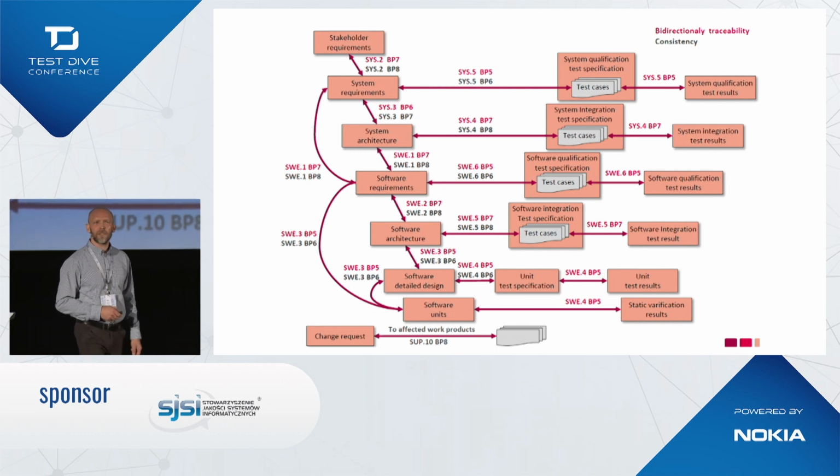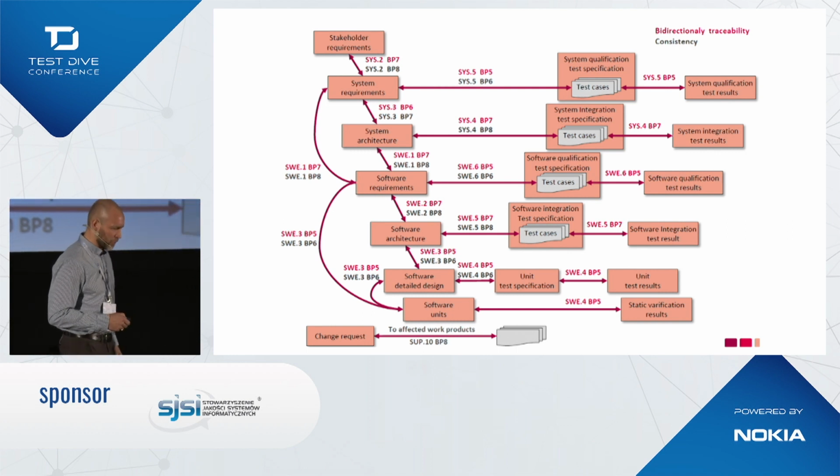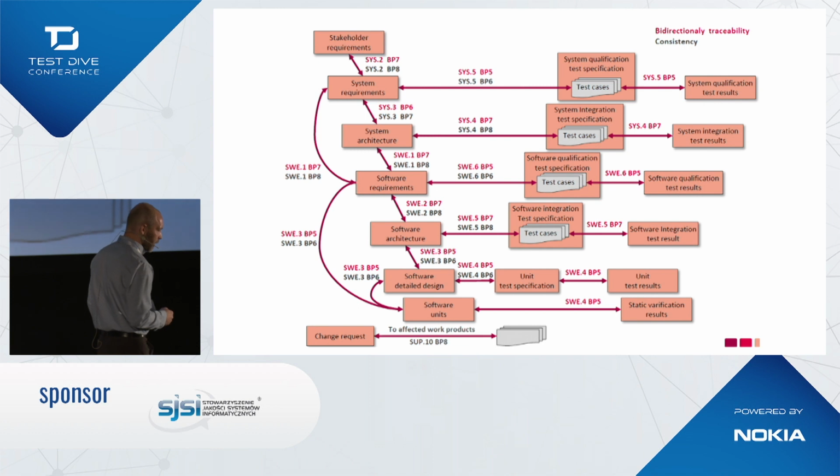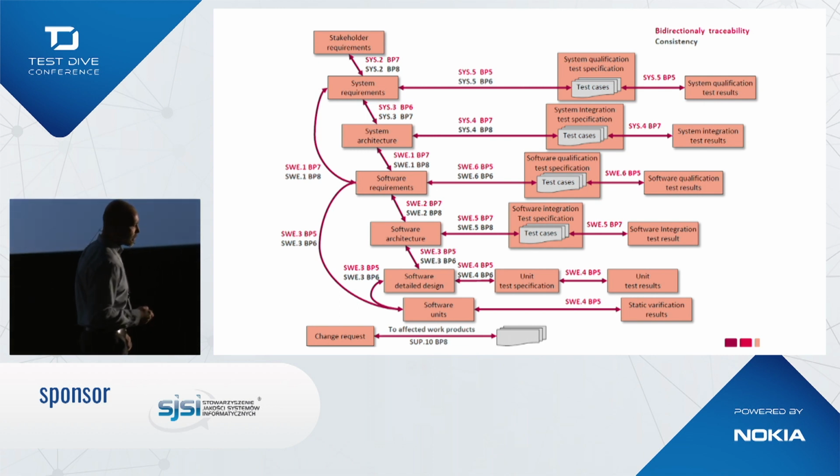Okay, this slide, maybe some of you are familiar with this one. This is what restrictive process is about. We have to fulfill the most important elements in this process. That means, this is really high. This is bidirectional traceability.